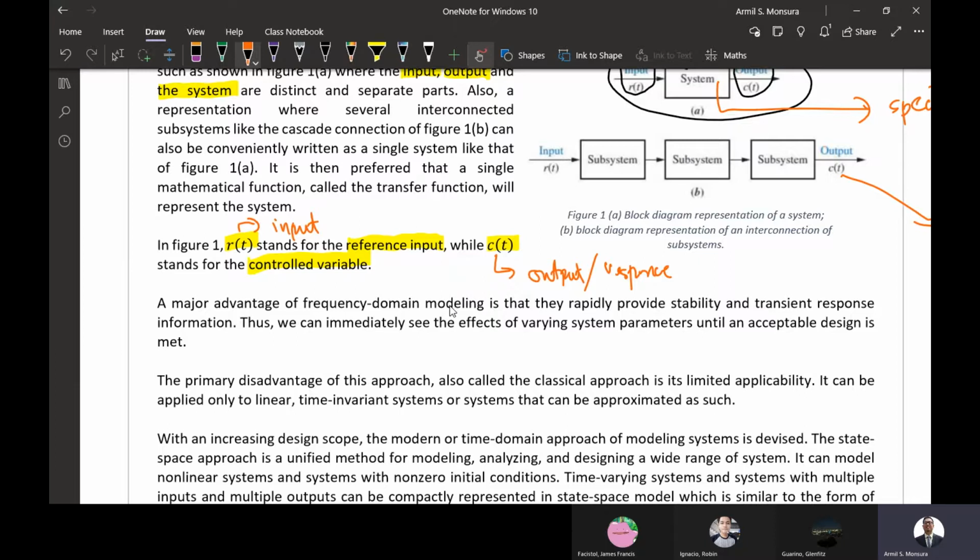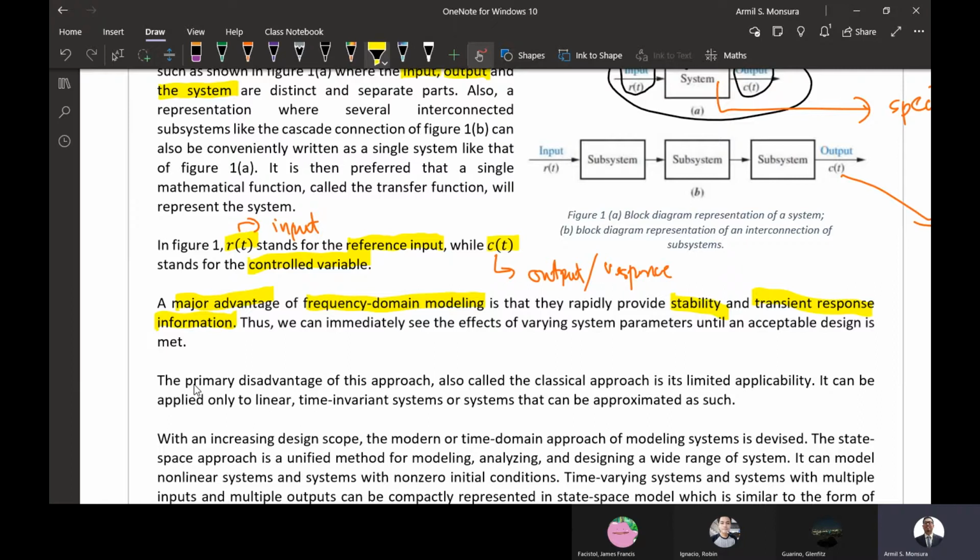So a major advantage of frequency domain modeling is that they rapidly provide stability and transient response information. We will not really have to develop very new mathematical tools.